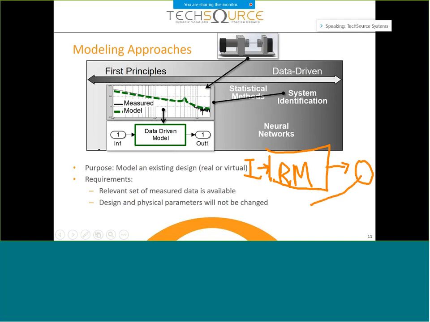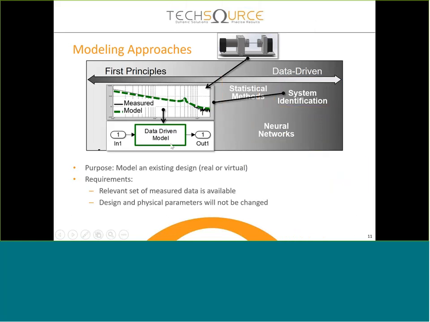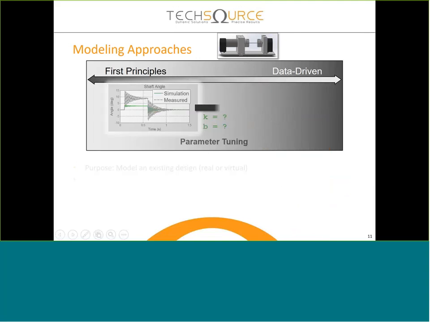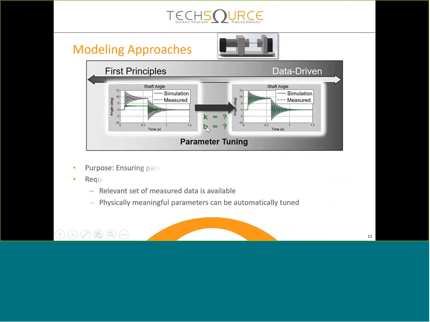Then based on this output and input, you can create a transfer function using system identification. You can also use statistical methods using model-based calibration or neural networks, because neural networks are very famous today.